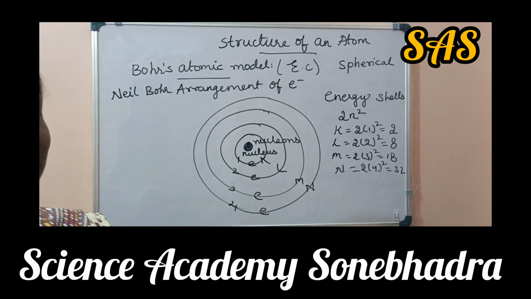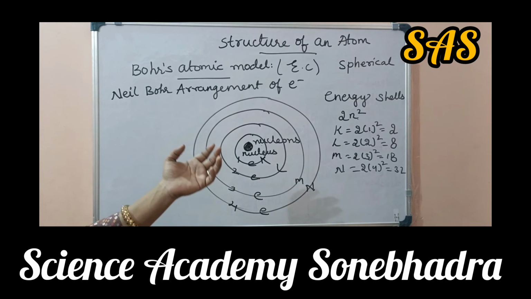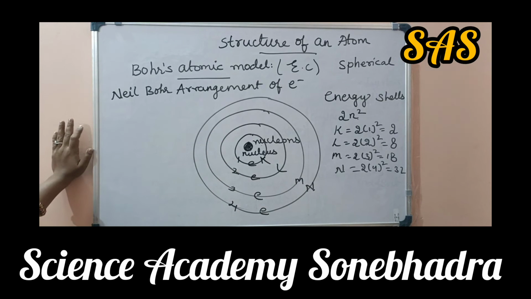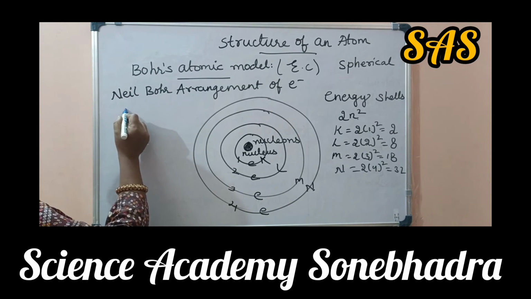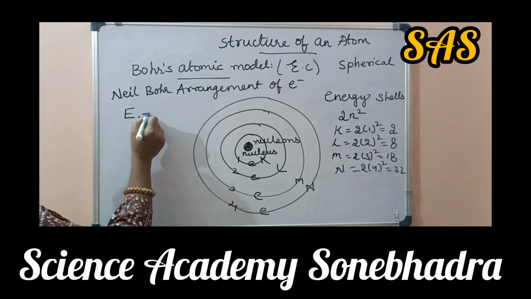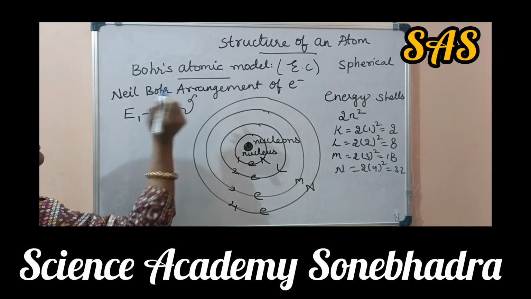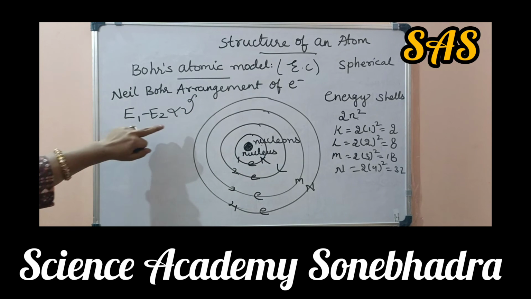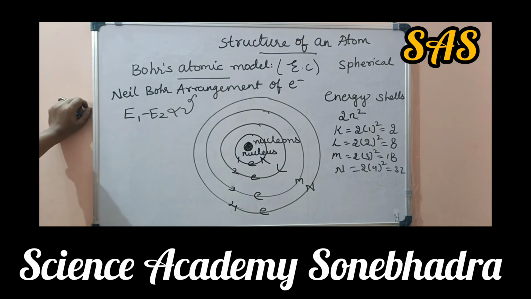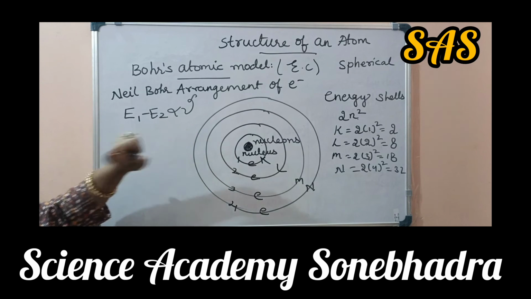And if an atom loses energy, then the electron jumps from a higher energy level to a lower energy level. So how much is that energy? That energy gained or lost, E1 minus E2, is directly proportional to nu, where nu is the frequency of radiation.